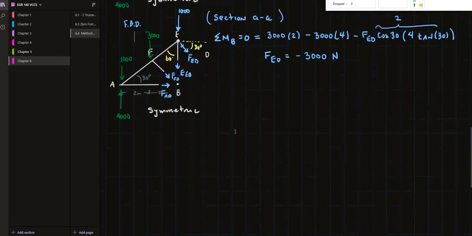Now let's continue on. I think at this point, if I want the force in EB, not EEB, but FEB, then what I could do is look at this joint with 1,000, and I'm going to have this still point in this direction.